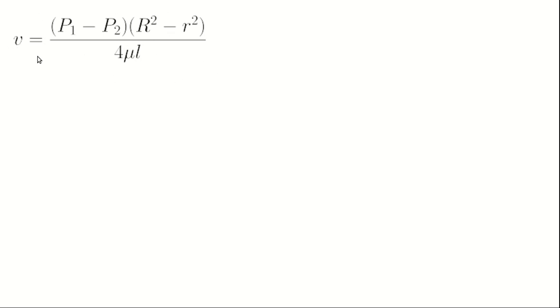So this is the velocity of the fluid moving through a pipe, especially when the pipe has a thickness, with the inner radius R and the outer radius. But if the pipe is very thin, then we can ignore this part, and that leads to this part.